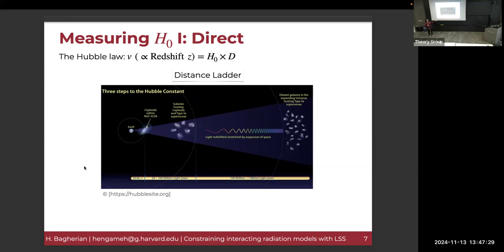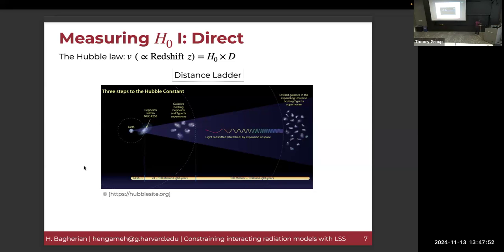But since we can't measure their distance from us exactly, we have to look at their brightness and then compare it to the luminosities of objects that we know. This is the calibration part of the measurement, and different groups can use different things. Here, for example, you know the brightness and luminosities of Cepheids, and then you use them to measure the brightness and luminosities of supernovae in further and further off galaxies. This is known as the distance ladder measurement.